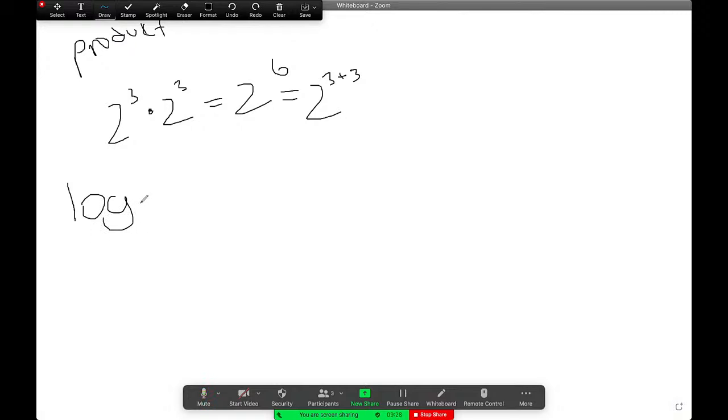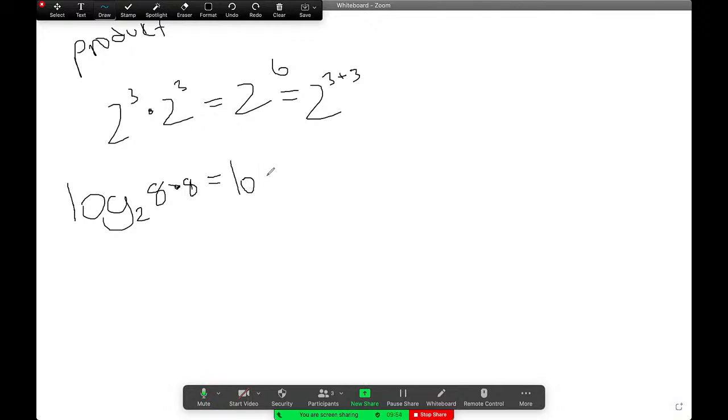So we have log base 2 of 8 times log base 2 of 8, or basically just 8 times 8. And this is basically equal to log base 2 of 16.